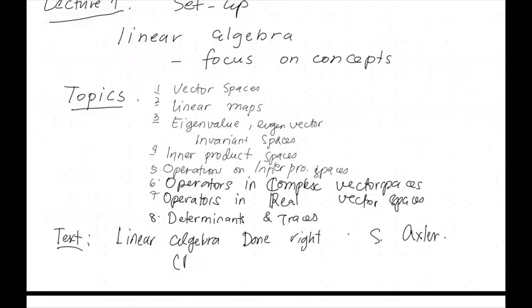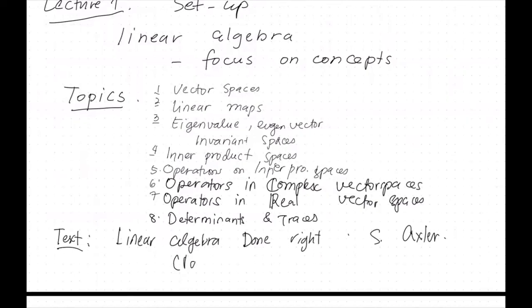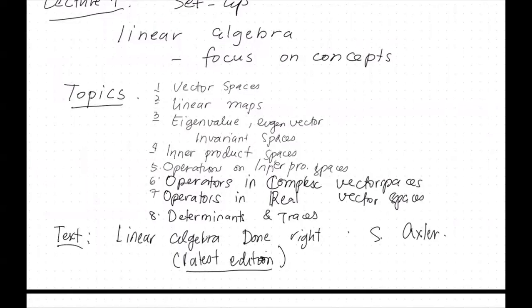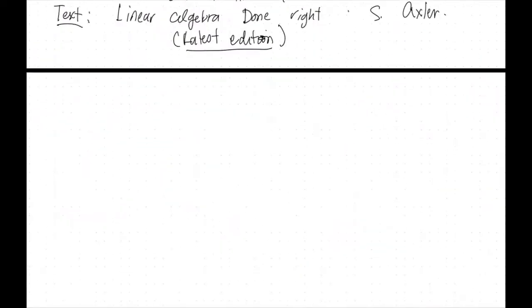You can get the latest edition, or you can use the old edition. All right. This is not very formal, of course, because this is just a review on my part, but I'm trying to record so that it's proper.